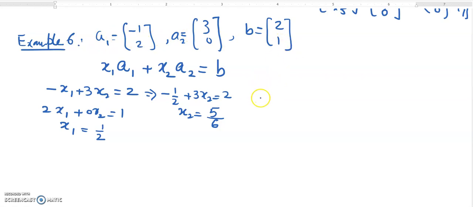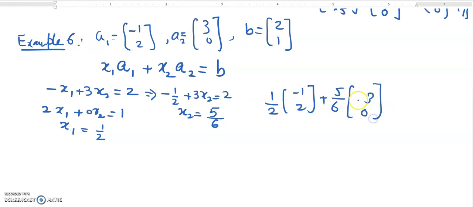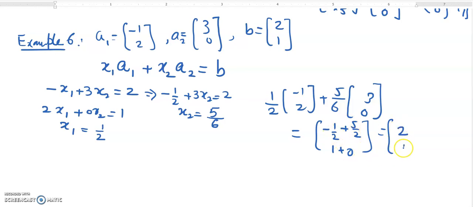We can also verify this. For example, if we put 1 by 2 times (-1, 2) plus 5 by 6 times (3, 0), it will be minus 1 by 2 and then 1, and then 5 by 2 and then 0. 5 by 2 minus 1 by 2 is actually 2, and 1 plus 0 is 1.